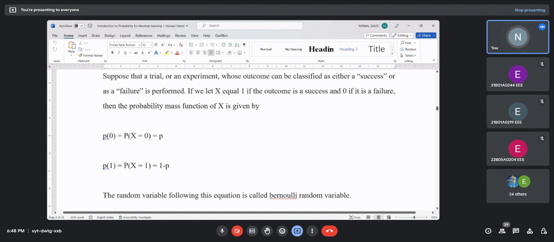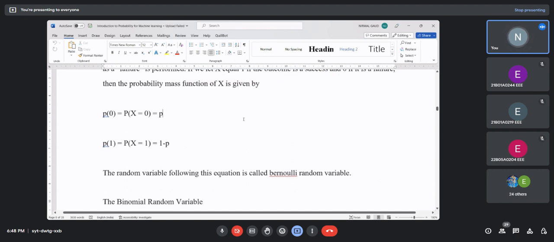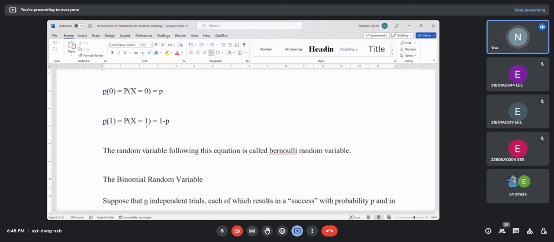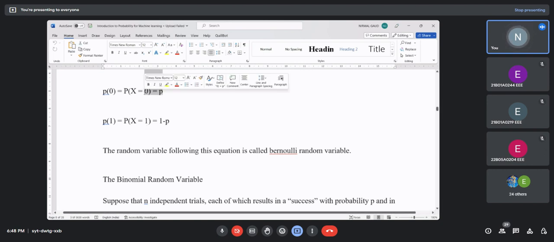So the probability mass function of x is given by: if x equal to 0, that means failure, the probability of failure is p, and for x equal to 1, the probability of success will obviously be 1 minus p, because overall probability is between 0 and 1. If one event has probability p, then obviously the other event has probability 1 minus p. So the thing is quite clear.